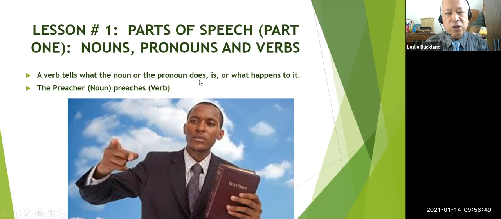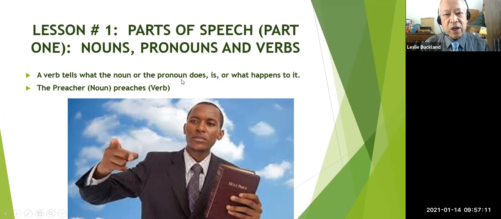The verb is not just a doing word. It is also a word that expresses who a person is. So it expresses the state of being. So it's not just about action, but it is about being, who a person is.